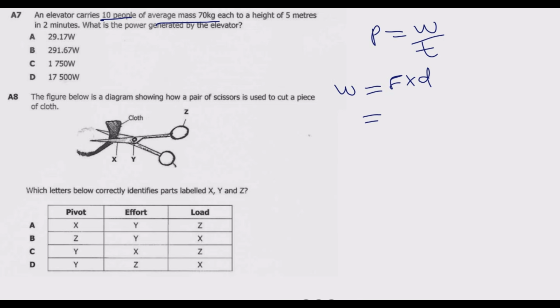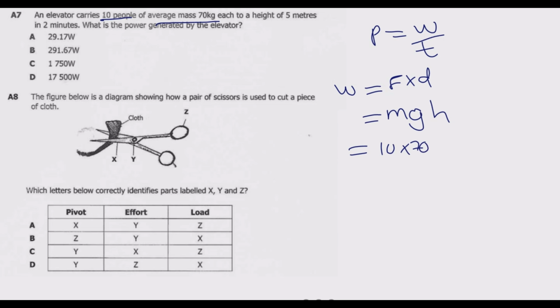So force will be given by mass times gravity, and the work done by force times height. We have 10 people whose combined mass is 10 multiplied by 70 kg.